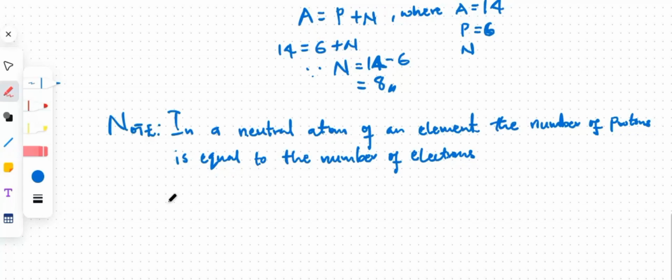So that is to say that P is equal to E. Protons equal electrons. You should notice this is a very important thing to take note of.